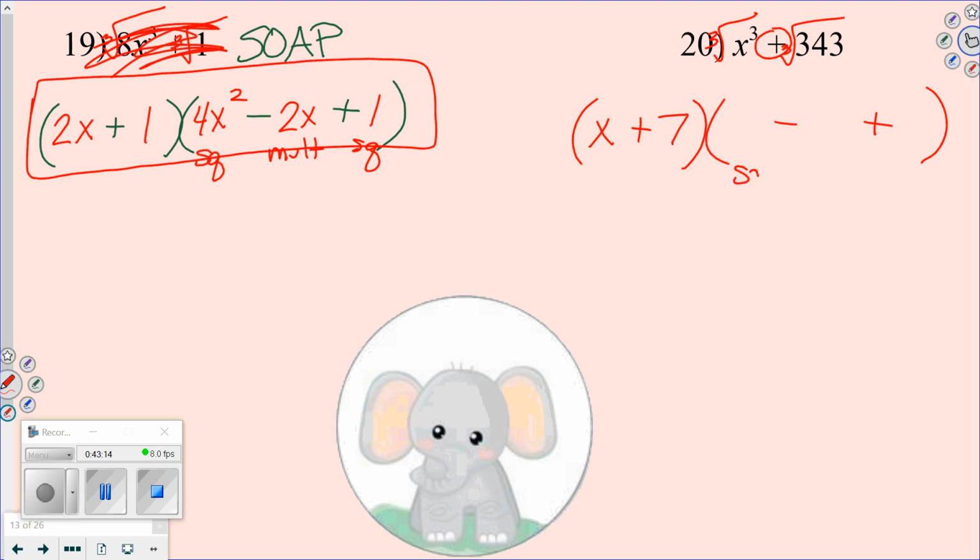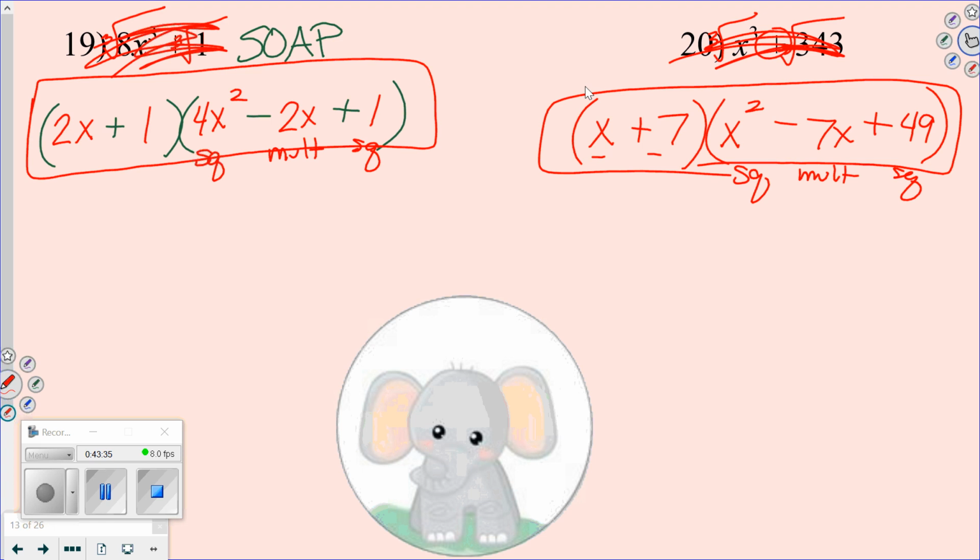And then it's square, multiply, square. Don't care about that. So square the first one. x squared is x squared. Multiply x times 7. And then square the 7. 7 squared is 49. Will this factor further? No, it never will, I promise you. And we are done.